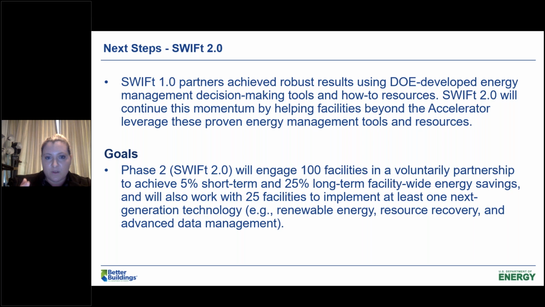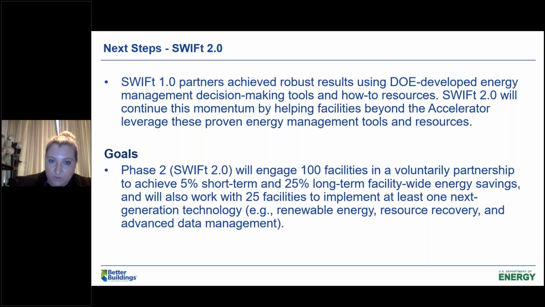Okay, since SWIFT 1.0 partners achieved robust results using those energy management decision-making tools and how-to resources, we want to continue this momentum and help facilities beyond the accelerator leverage these tools. So what we're looking for in phase 2 is to engage 100 additional facilities from the 70, in a voluntary partnership to achieve 5% short-term.